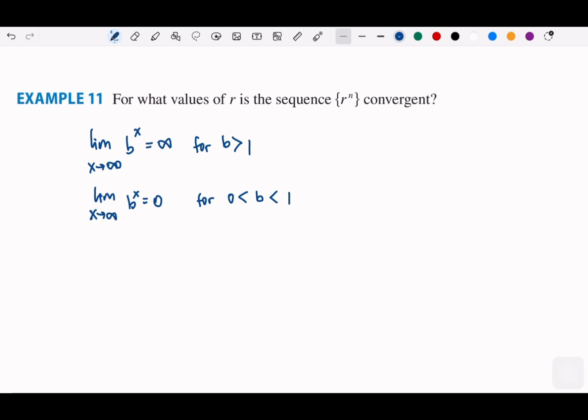If you have e, you can see that it can go to infinity for b greater than 1. This is for e.